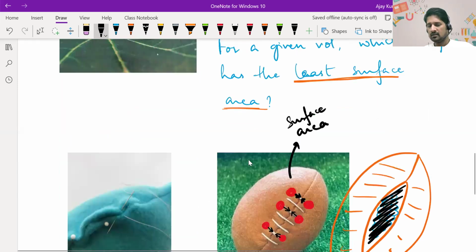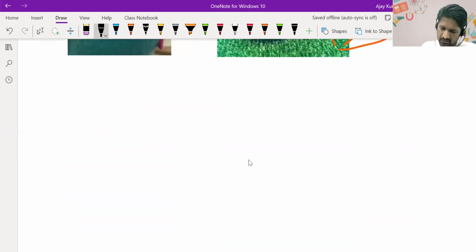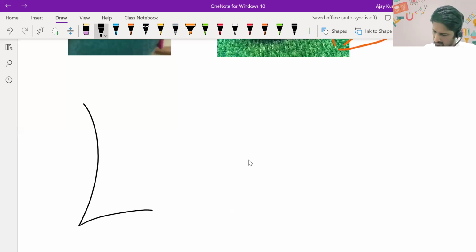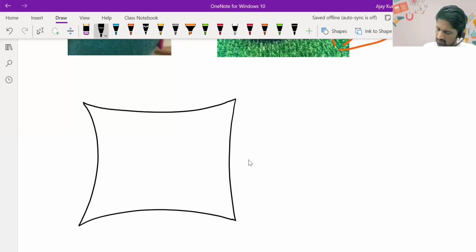Fine. So consider a stretched membrane like this. Let's say there's a rubber sheet. Or that rugby ball itself you can consider. Assume it is being pulled by some forces at the corners, and it has taken a shape like this.